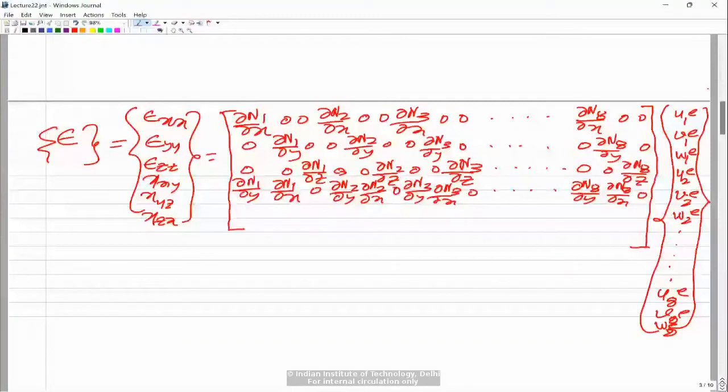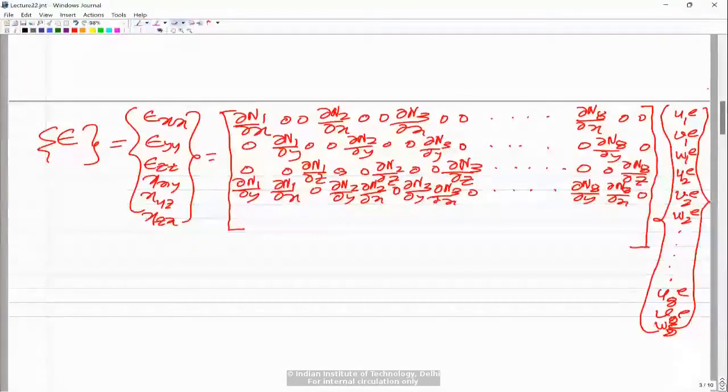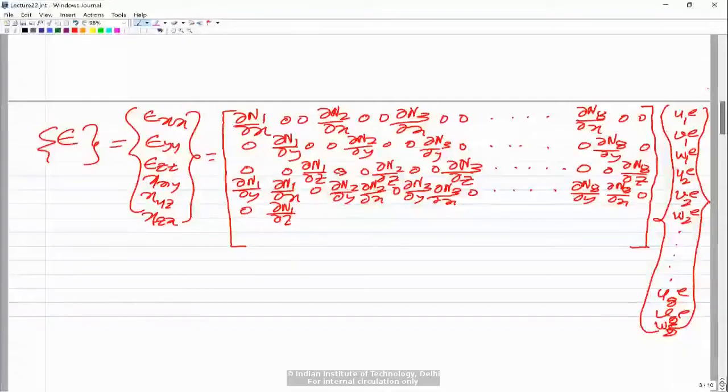And then you will have gamma yz. If you remember, gamma yz we have defined as del v by del z plus del w by del y. So that means v and w are involved. The derivative of v is with respect to z and the derivative of w is with respect to y. So u is not there, so we put 0, and the v derivative is with respect to z, so we will put del n1 by del z in the v location, and w's derivative is with respect to y, so we will put del n1 by del y.